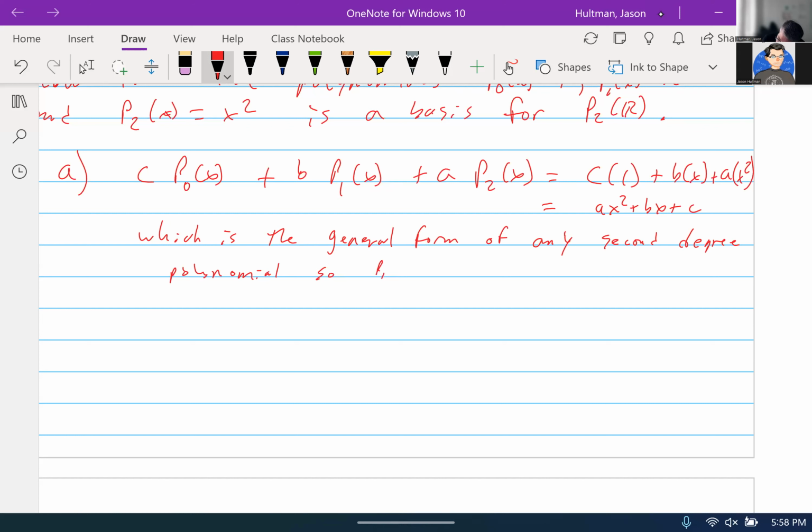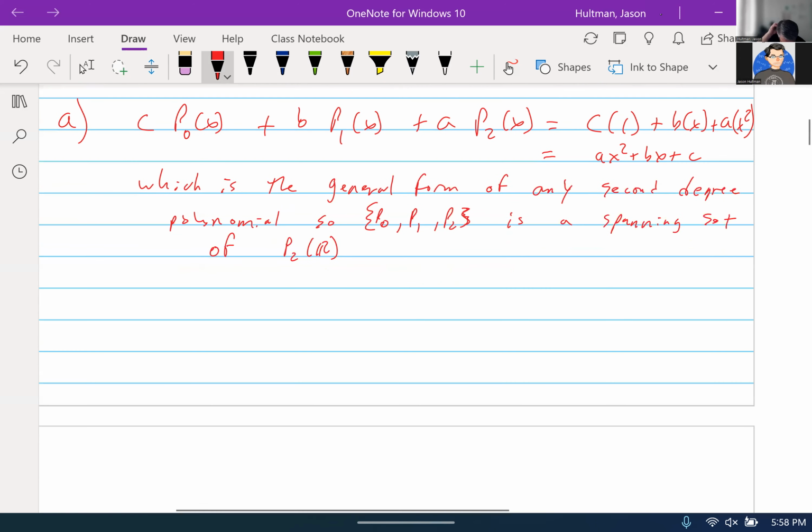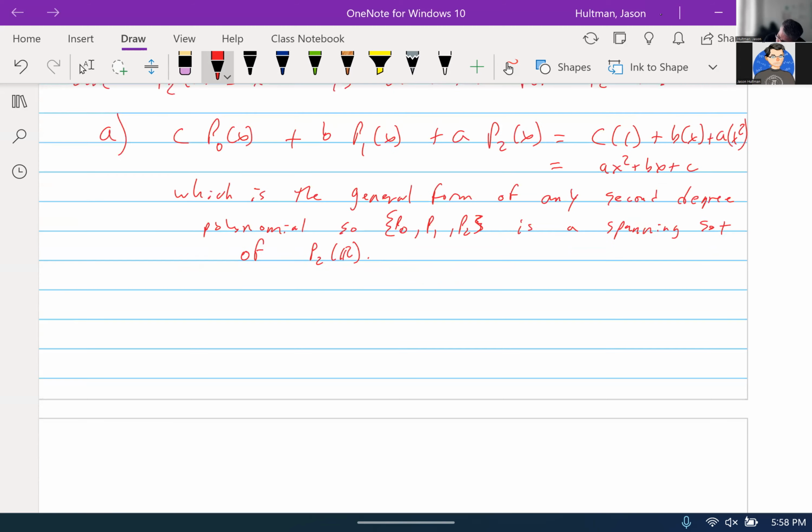So P0, P1, P2, that set of vectors is a spanning set. It does span P2(R). So that's the first criteria that is met.